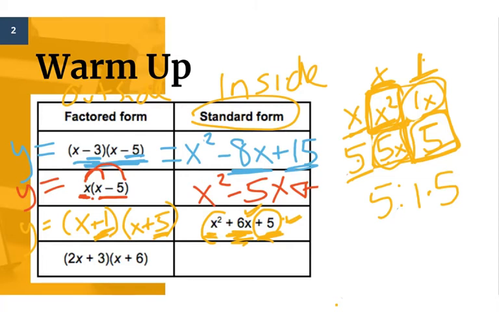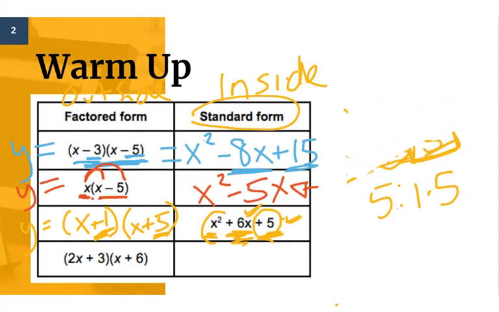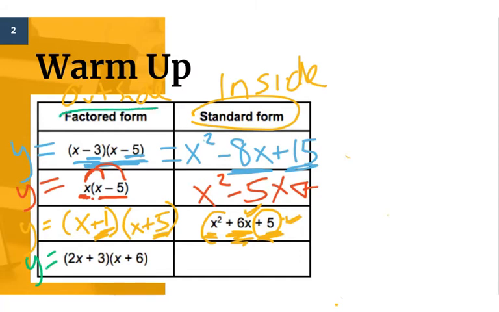Alrighty, now the last one we're going to do in green. Again, I got myself some factored form, so I'm going to be outside of the area model.